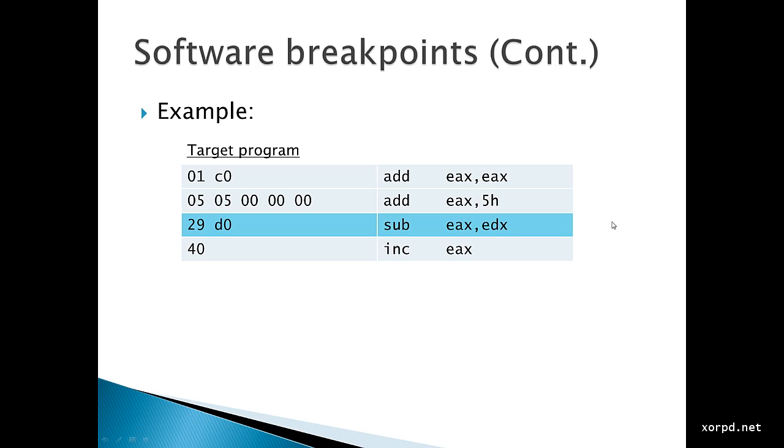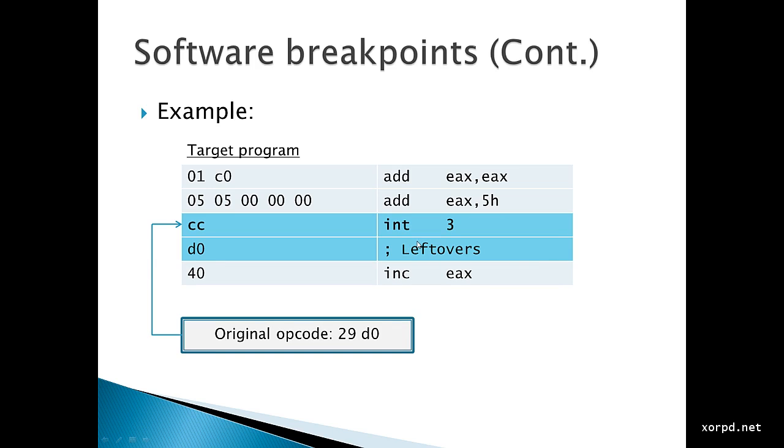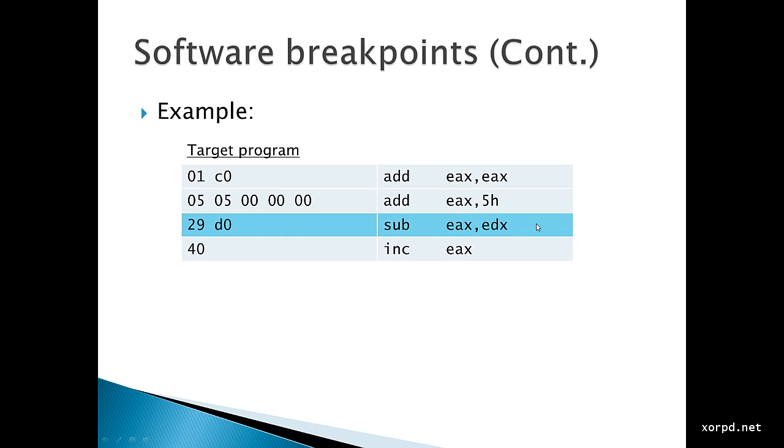Let's see how the debugger is going to do it. It will first replace this instruction with the int3 instruction. I want to show it again. Originally we had this instruction, sub EAX EDX, which was 29 D0.